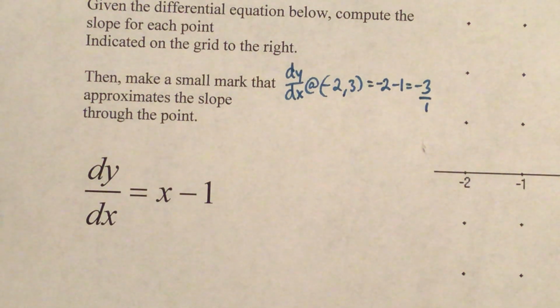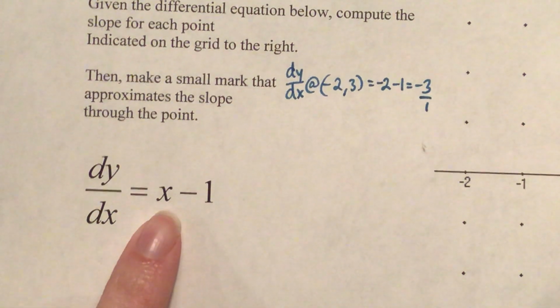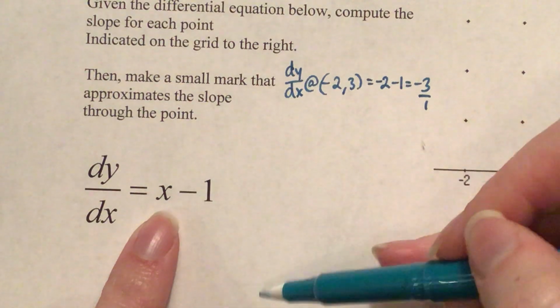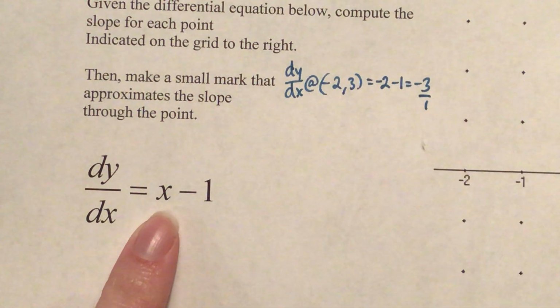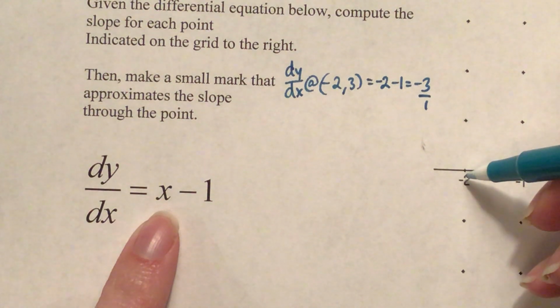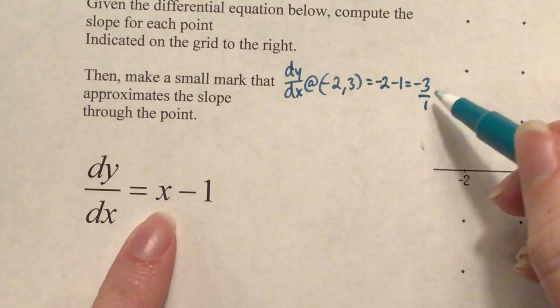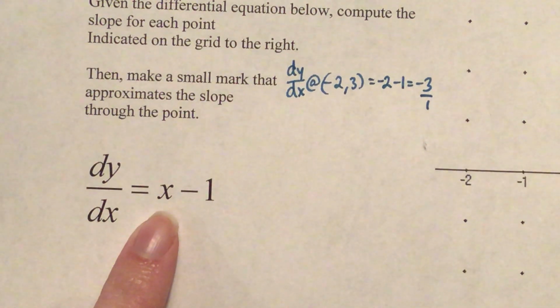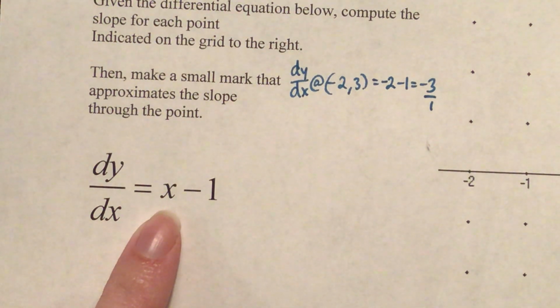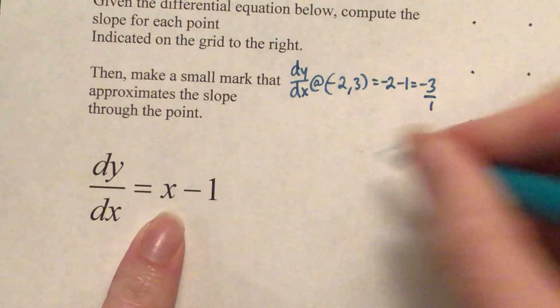Okay. When x equals -2, we don't care what the y value is, do we? Because we're just plugging in -2. It doesn't matter if this is -2, 2. Doesn't matter if it's -2, 1, -2, 0. Every single point where the x value is -2, the slope is going to be -3. So we just found a pattern to save us from doing 1, 2, 3, 4, 5 more of those slopes.